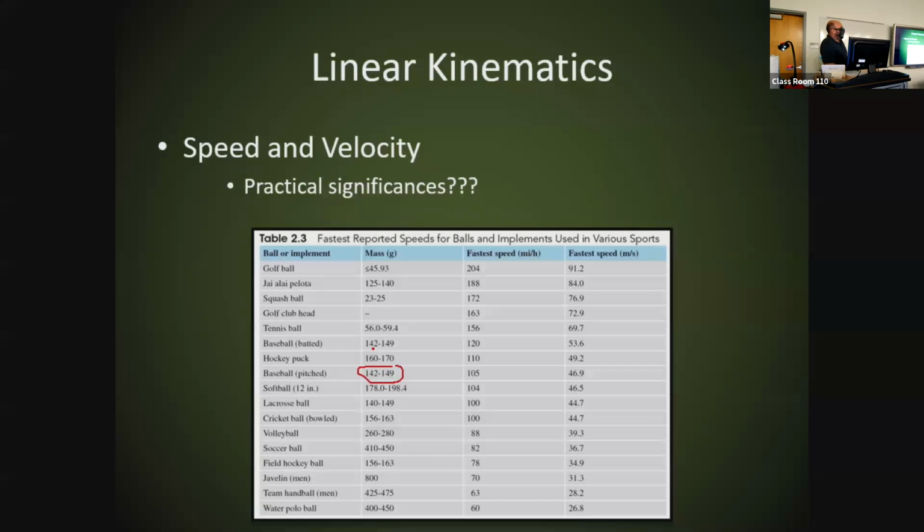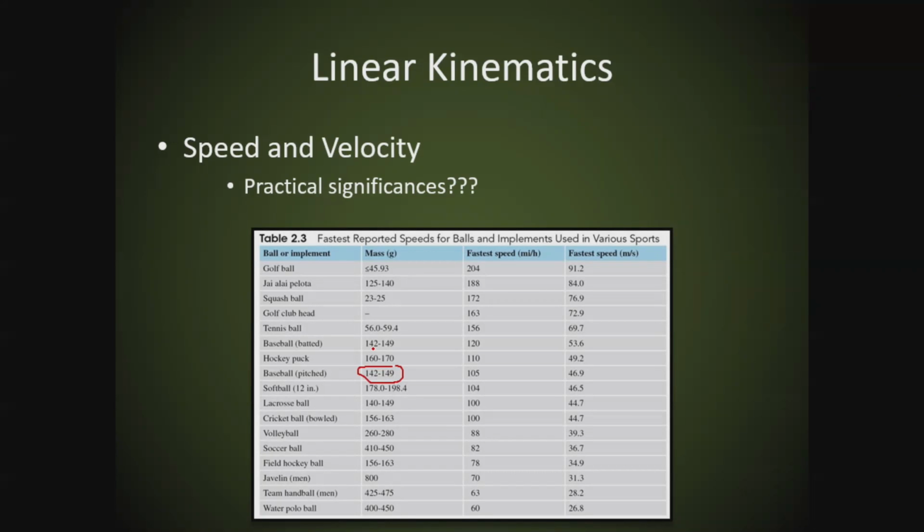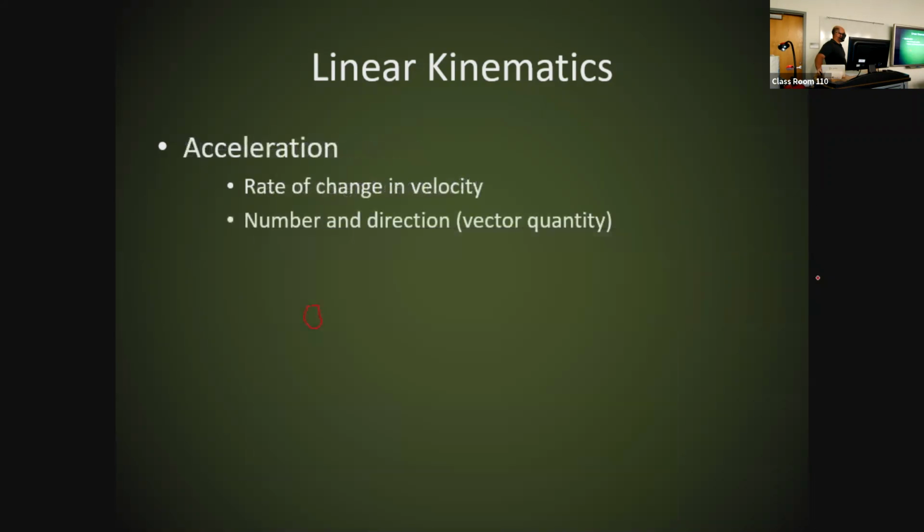Going at 100 miles an hour, that's going to hurt. But I would imagine a bowling ball going that fast hitting you is probably going to hurt a little more. So some of that could be the material that it's made of too. So mass and the acceleration is going to play a big role.